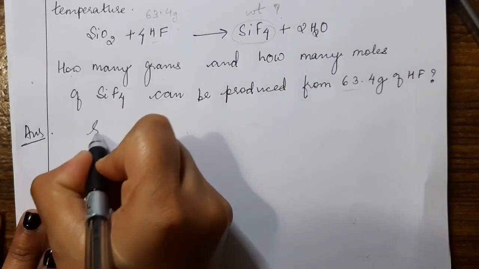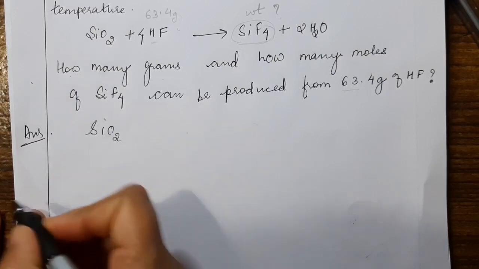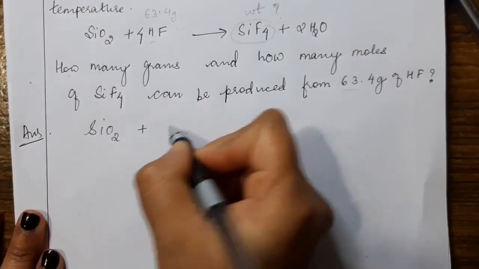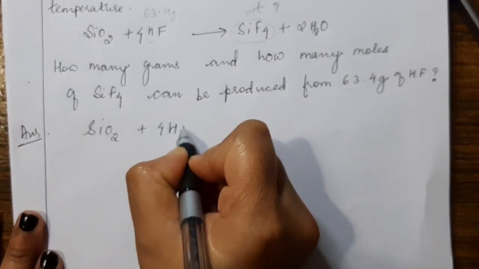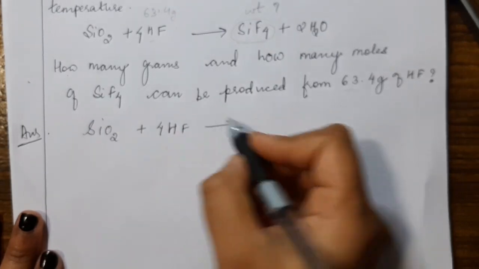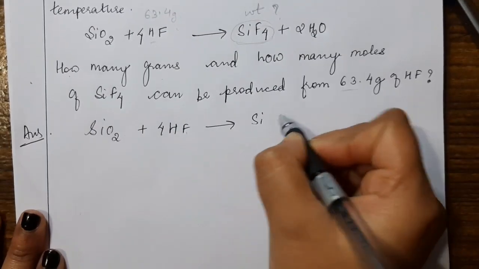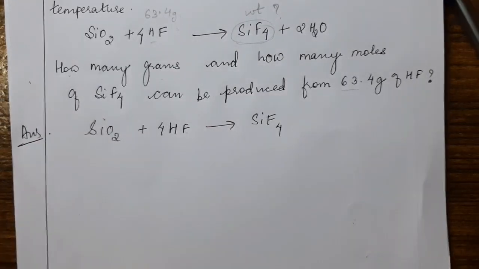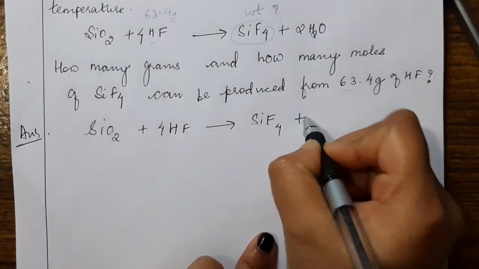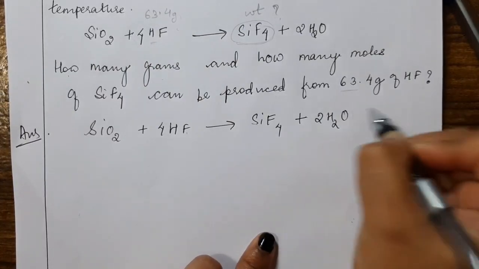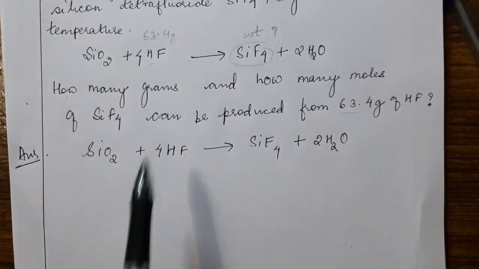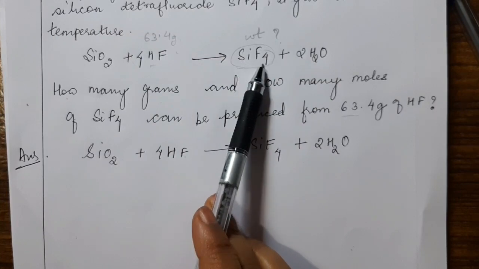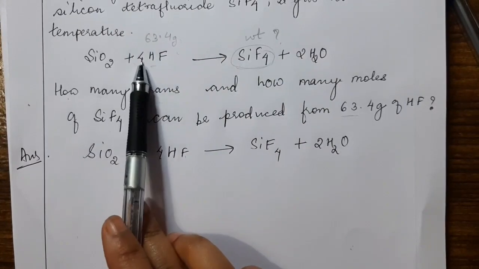So we have the chemical reaction, SiO2 plus 4HF gives you SiF4 and 2H2O. This is the equation. You have to find the weight of SiF4, and the weight of HF is given.